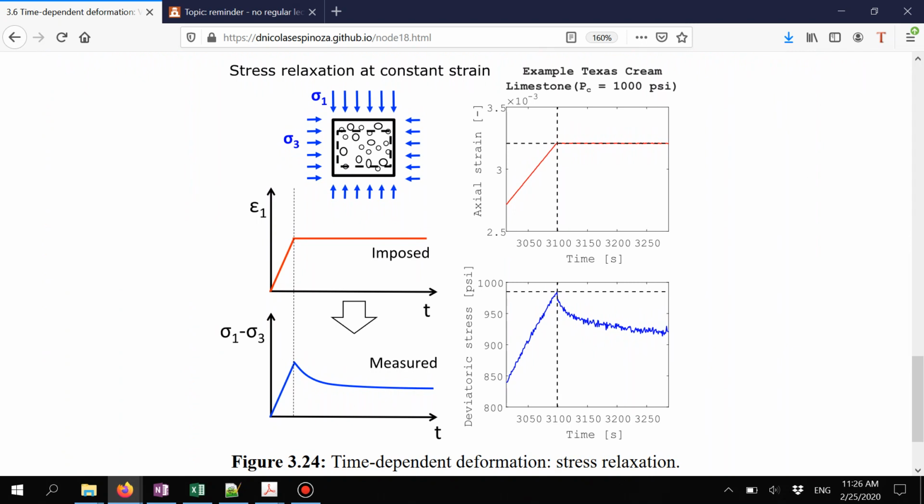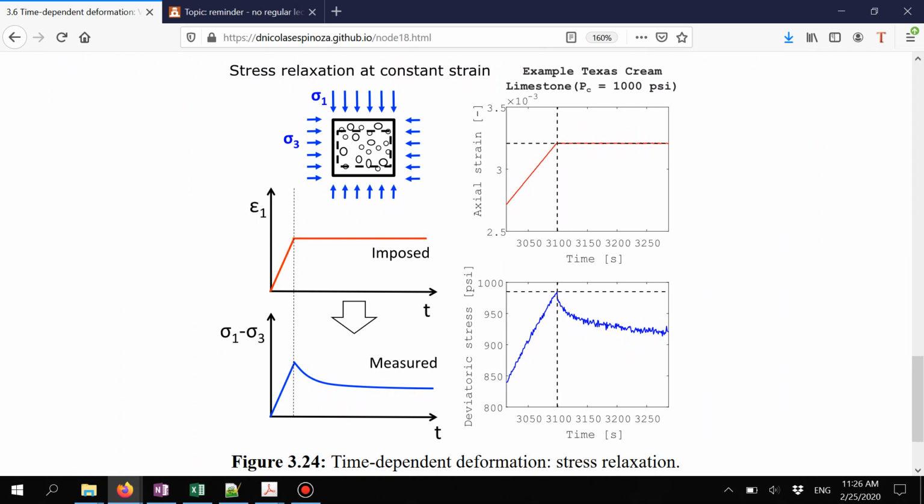And the reason for that is that the rock is internally failing at the microscale. Some grains are sliding with respect to each other, very tiny amounts, because they are subjected to stress.